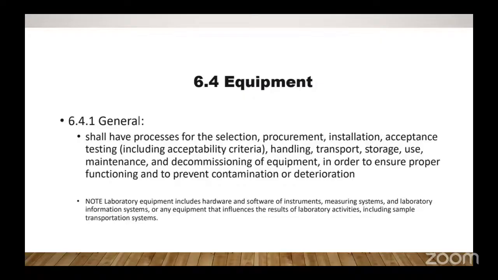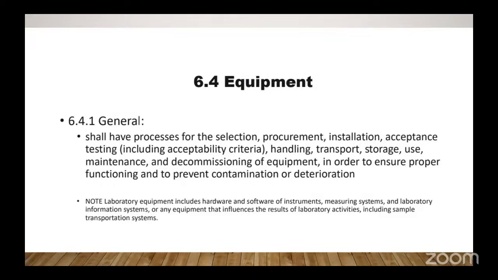This is in order to ensure proper functioning and to prevent contamination or deterioration. The laboratory equipment includes hardware and software of instruments, measuring systems, the laboratory information system, or any equipment that influences the result of the laboratory activities, including the sample transportation system. They are all known as equipment. So equipment goes beyond your analyzers.